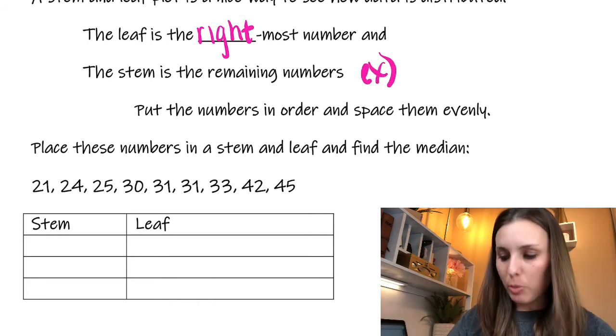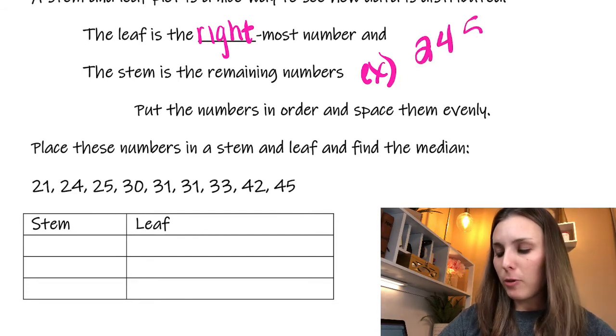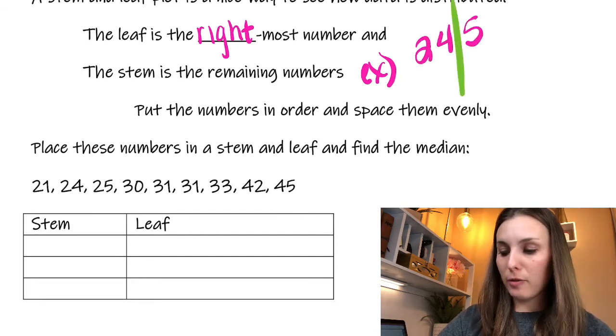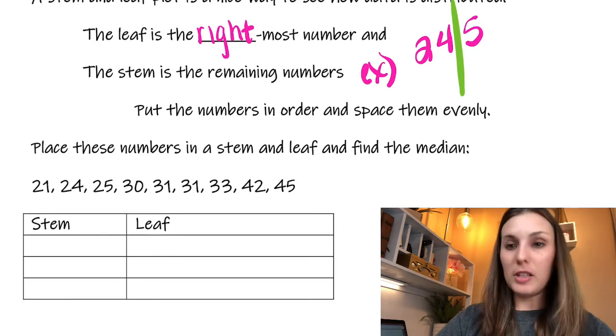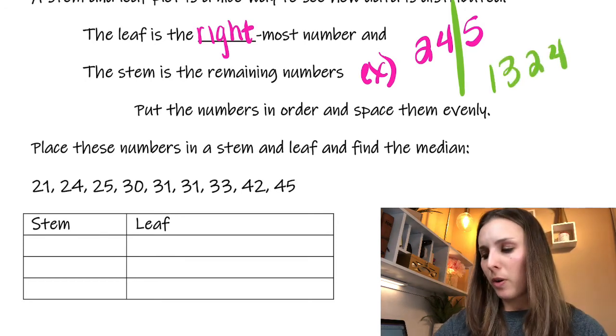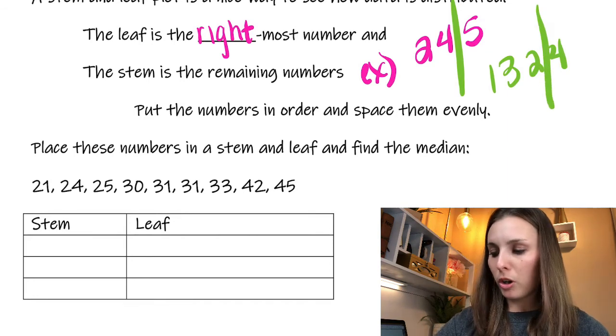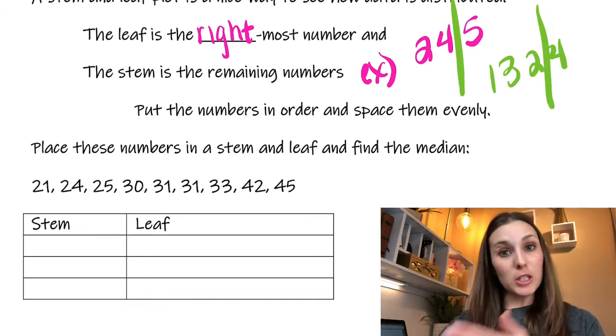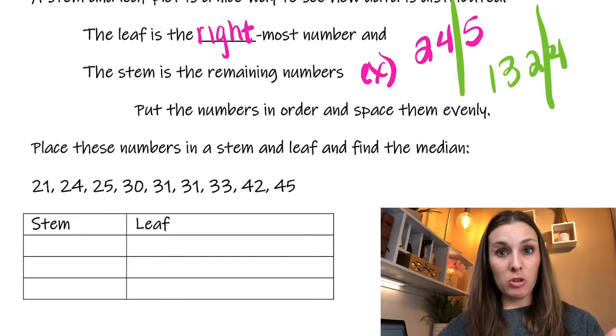So, for example, if we had 245, the leaf is 5 and the stem is 24. Or if we had 1,324, the leaf is 4 and the stem is 132.